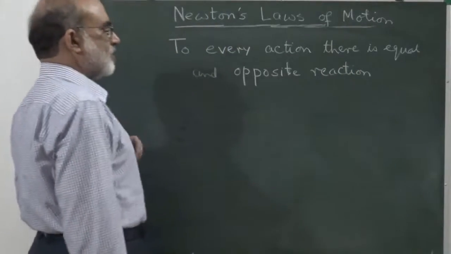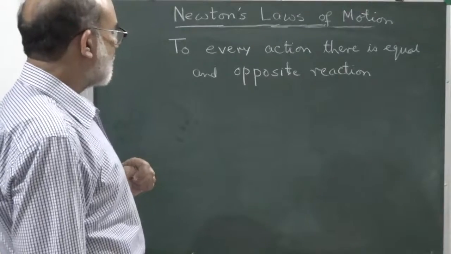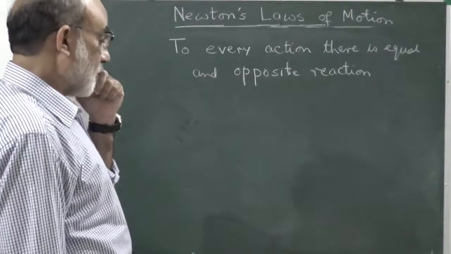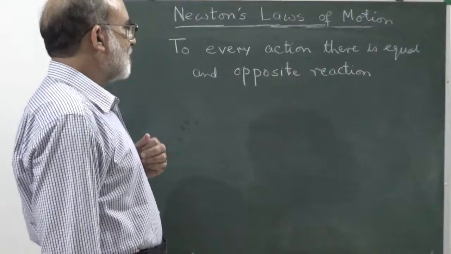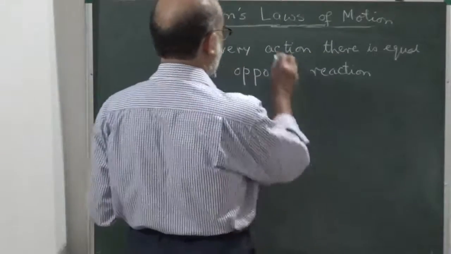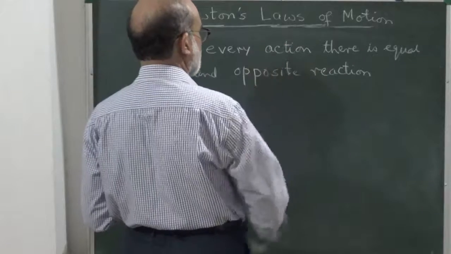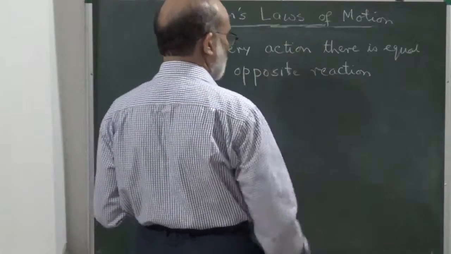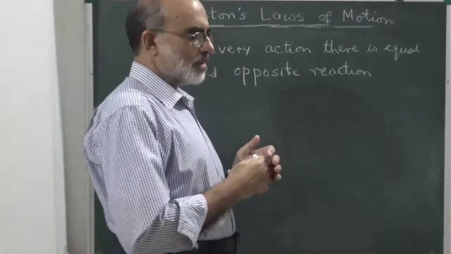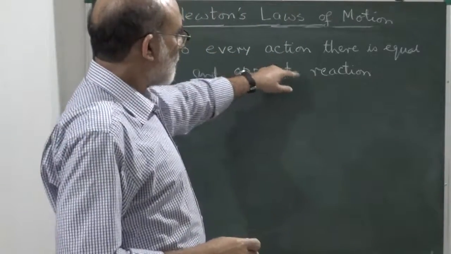This law is very common, everyone knows it, but how to apply it sometimes becomes difficult and nebulous, when we don't understand what is the action and what is the reaction.